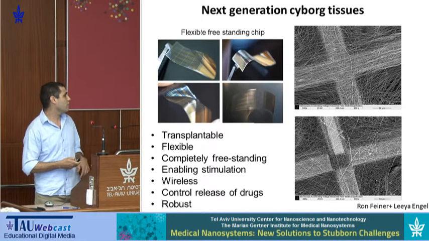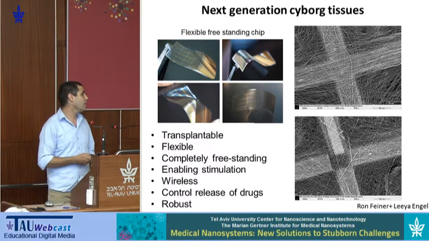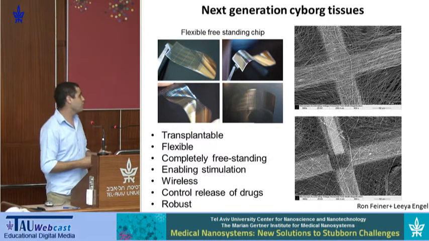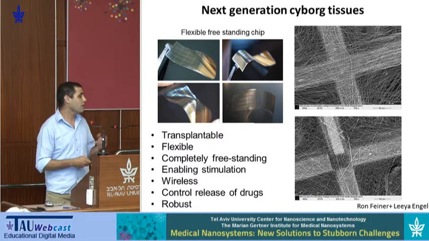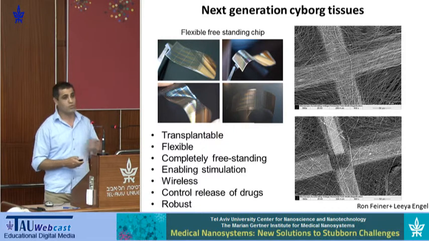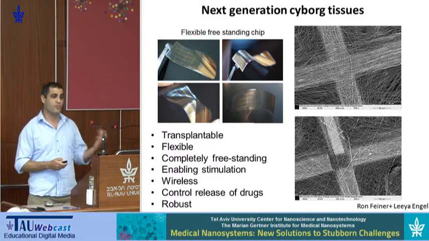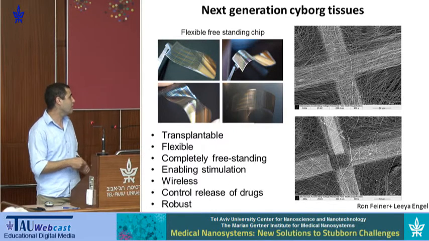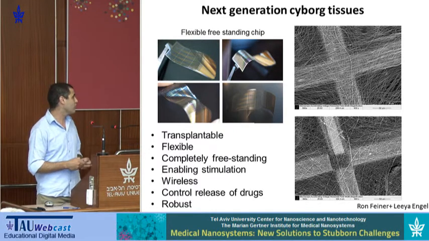This is work of Ron Feiner and Leah Engel. So we're working on transplantable cyborg tissues that are flexible. We would like them to be wireless. We want to incorporate a controlled-release system in these cyborg tissues.